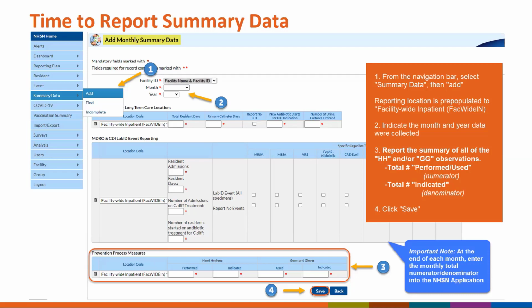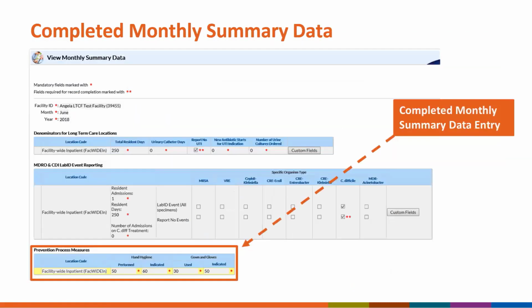Summary data is only reported after the month ends, and the best practice is to enter this data within 30 days after the end of the month. This is an example of a completed monthly summary data for the Prevention Process Measure module reporting.